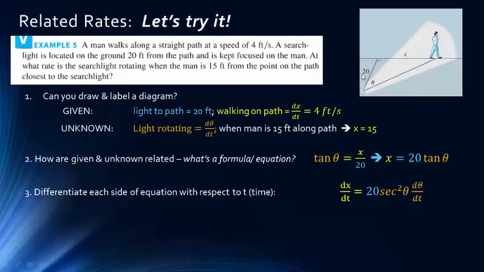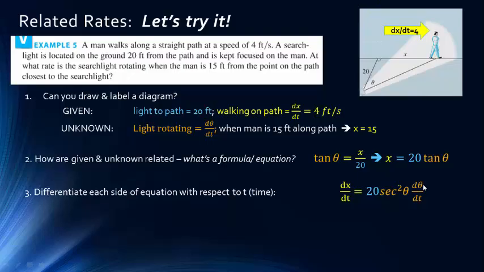Here y, or the other side, is 20. So we can calculate the hypotenuse, because this is the point we're looking at when x is 15. 15 squared plus 20 squared, and then take the square root of that, and we would get that the hypotenuse is equal to 25. 15, 20, 25, using Pythagorean's theorem. And then that leaves us d theta dt.